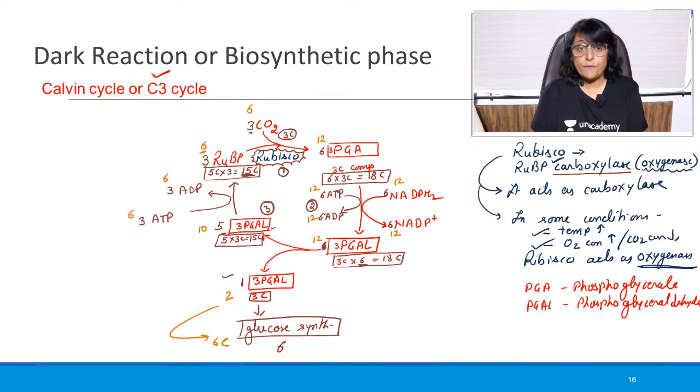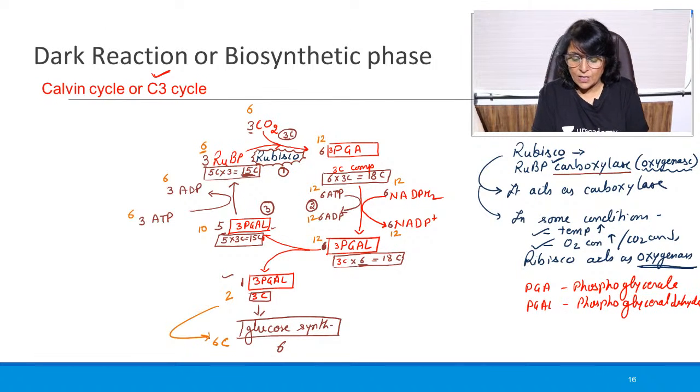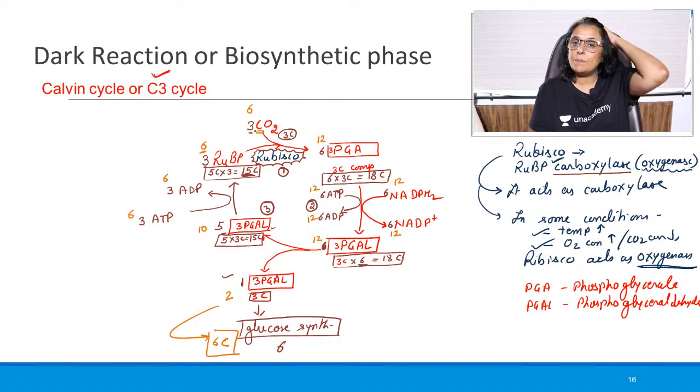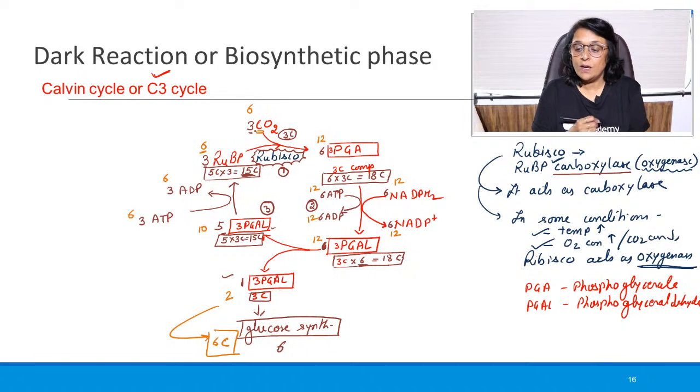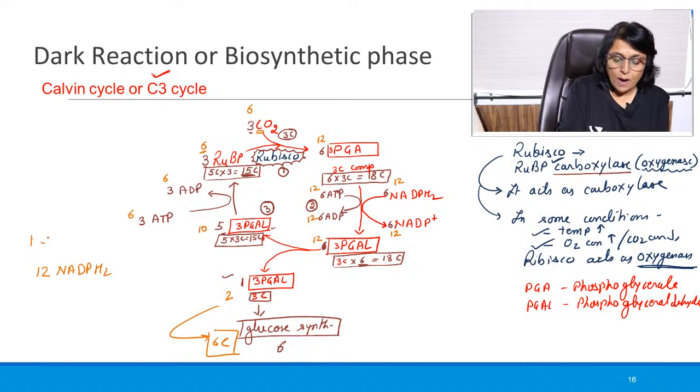So now if you have to count how many ATPs are required to synthesize 1 glucose, you can start with 6 and then you can reach that number in one go. So here there are 12 NADPH2. This is the requirement for synthesis of 1 glucose molecule.